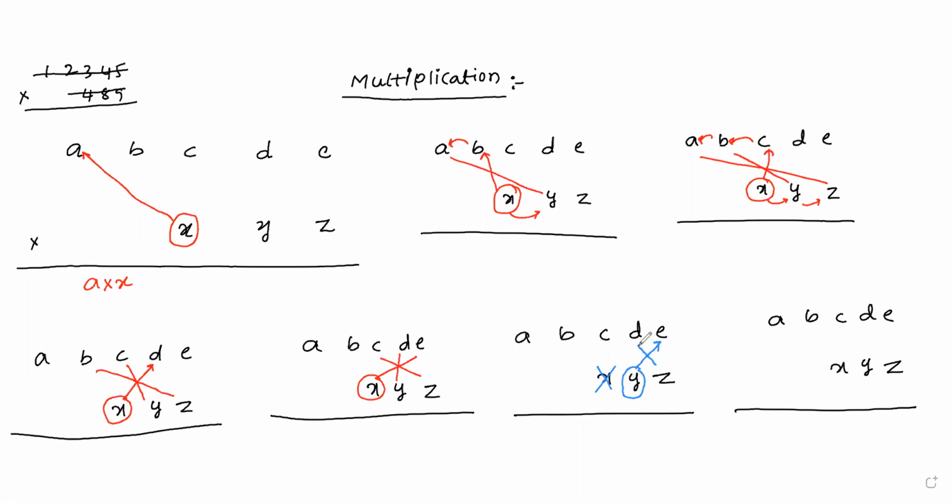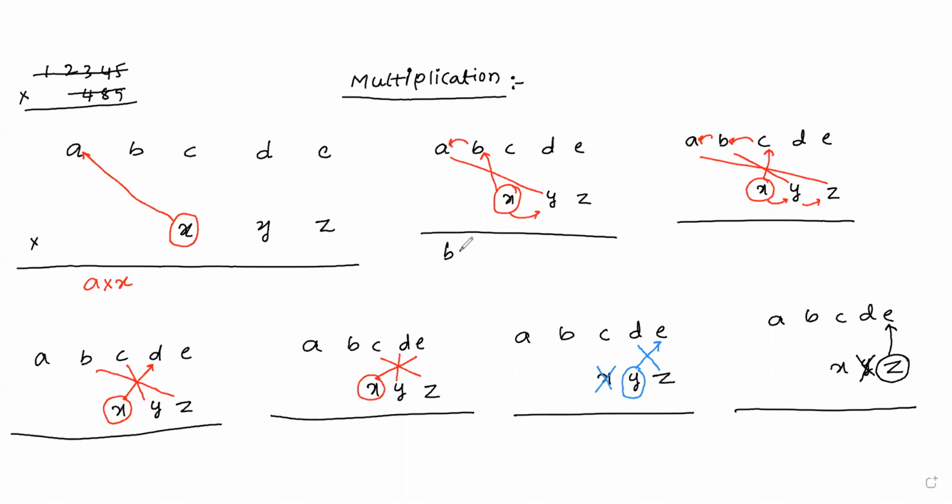If you move this side, there is no digit here, so that is the reason there is no step. Your selected digit has now reached the unit place digit, so it will be eliminated in the next step and the new digit will be selected and multiplied again with the unit place digit.